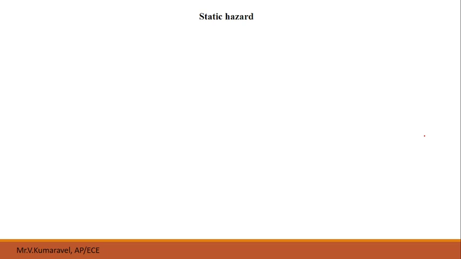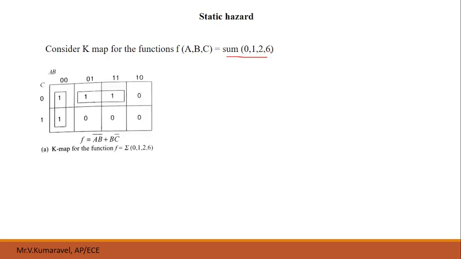Now let us consider static hazard. To understand static hazard, let us consider a K-map for the function f of a, b, c equal to the sum of minterms 0, 1, 2, 6. Let the inputs be a, b, c. For 0 we have 0, 0, 0. For 1, 0, 0, 1. For 2, 0, 1, 0.